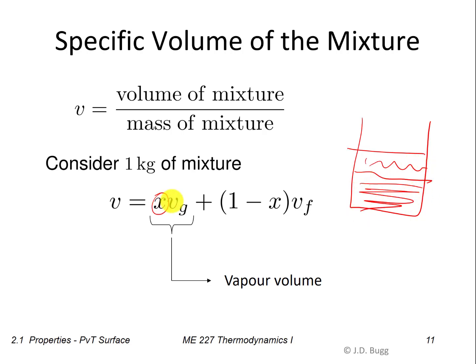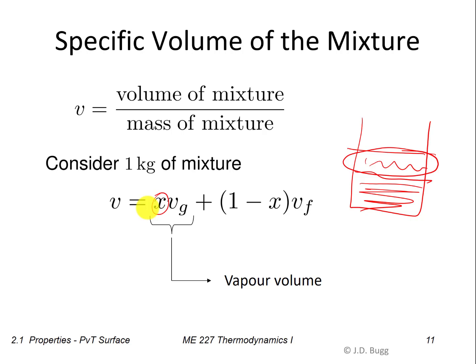So x is the mass of the vapor on top. Well, if we multiply that by its specific volume, which is Vg, we get the volume of the vapor, right? This is mass, kilograms. This is cubic meters per kilogram, specific volume. So this will be the volume of the vapor.